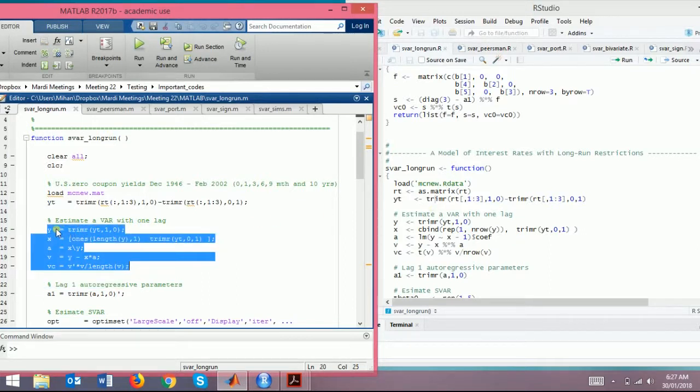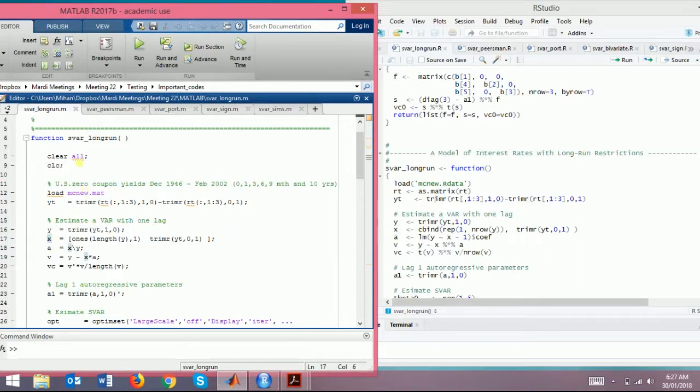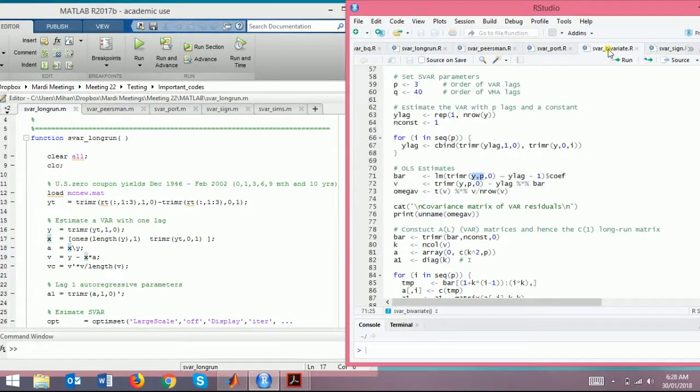We could have done this with a loop, because first we could have taken ones to store our data, and then we could have taken y lag, isn't it? Like what was that looking like?